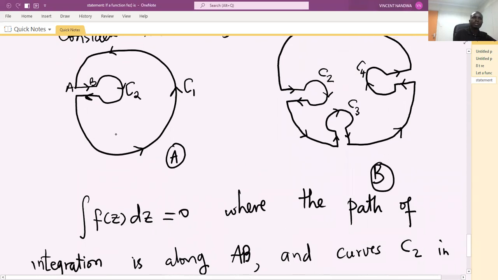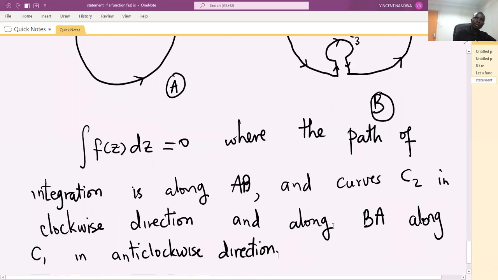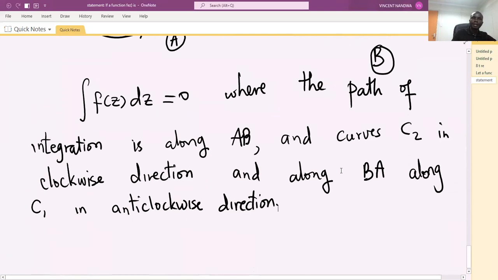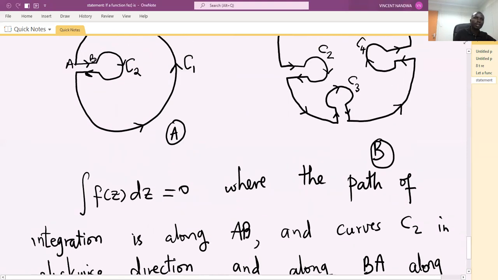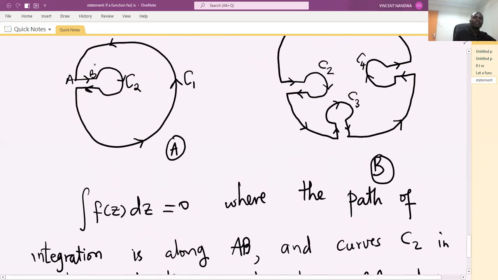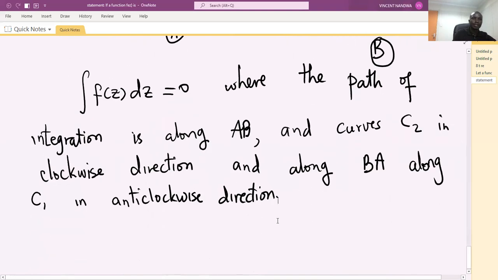So the integration of f of z is equal to 0 where the path of integration is along AB, this direction, and curve C2, in the clockwise direction, and along BA. Now, when you reverse the direction, you'll be moving along the first curve, this C1, in the anti-clockwise direction.